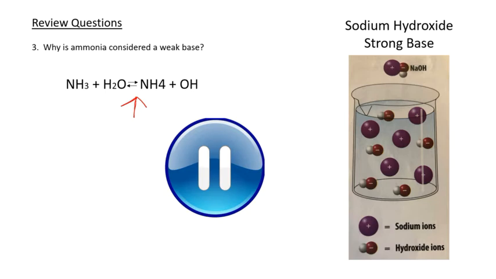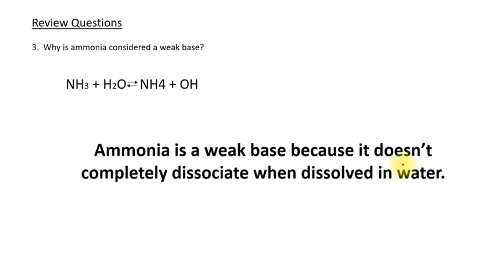Okay, welcome back. Hopefully you found an answer. A hint would be, what is it that is not happening in a weak base? What is not happening in ammonia, because it's a weak base, is it is not completely dissociating, or it doesn't completely dissociate when dissolved in water. So that means a small quantity of hydroxide ions are present.